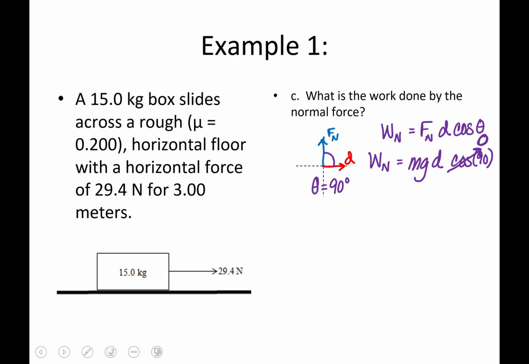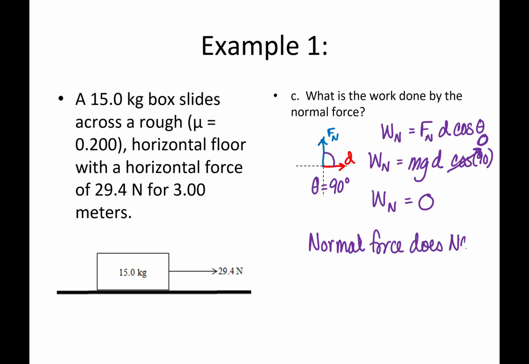So mg times d times 0 means the normal force does 0 work. So the normal force does not either add or remove energy to the box.